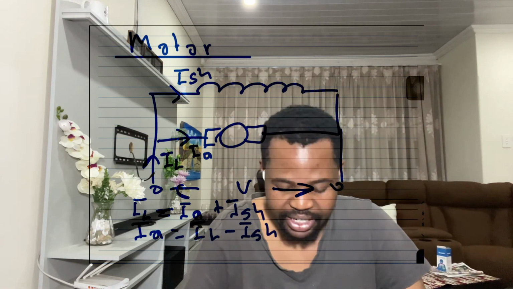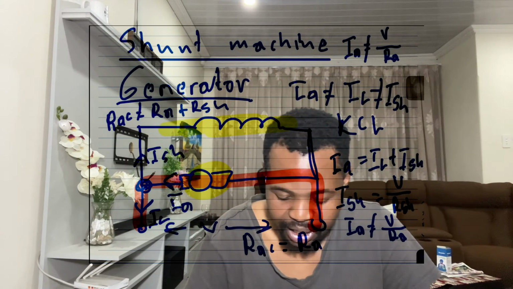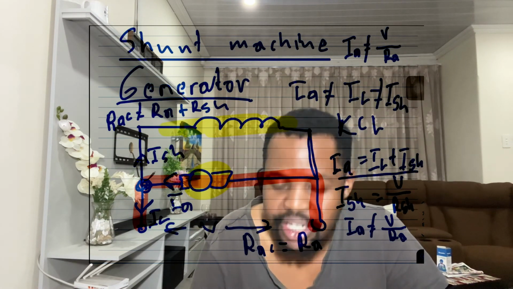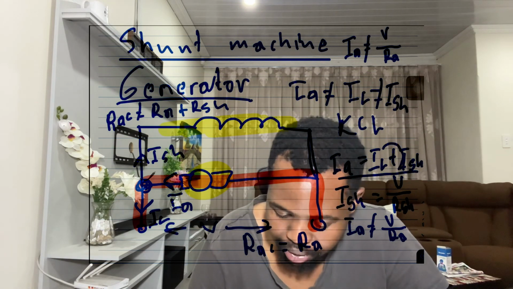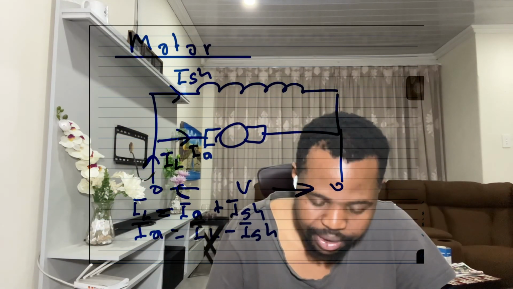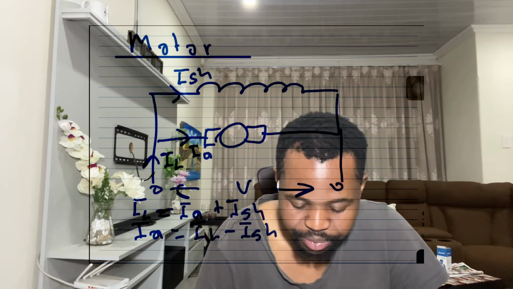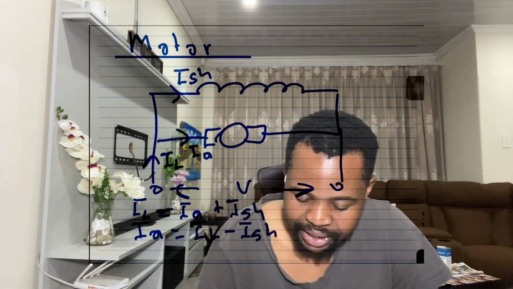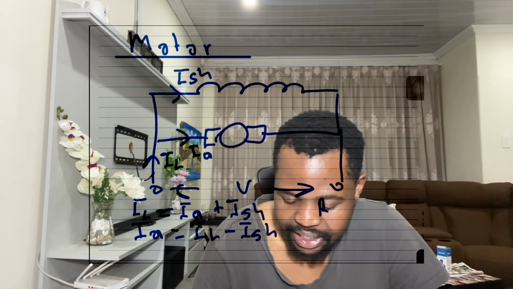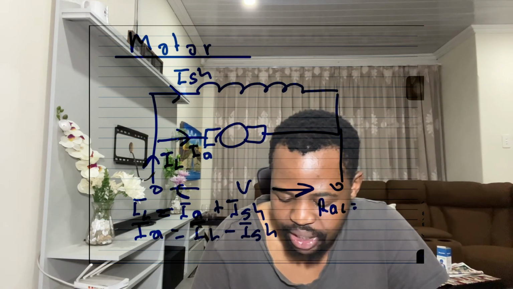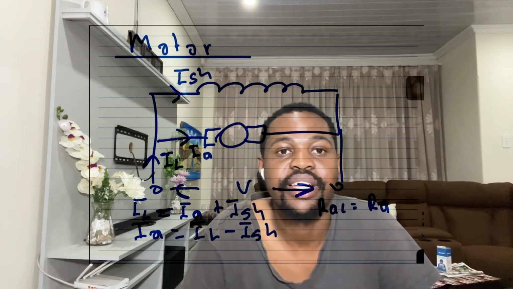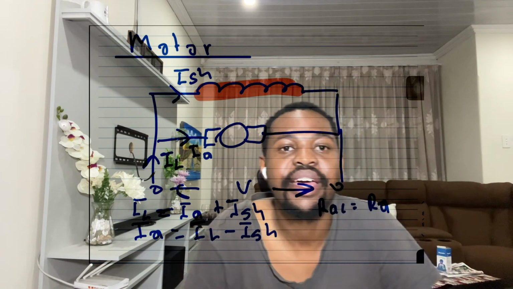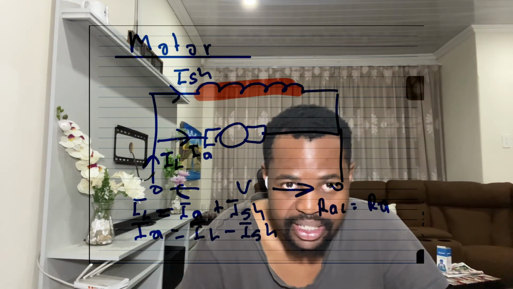Compare that with the armature current of the generator: for the generator you use a plus sign, but for the motor you use a minus. And RAC is still equal to RA only, because the shunt winding is not part of the armature circuit.